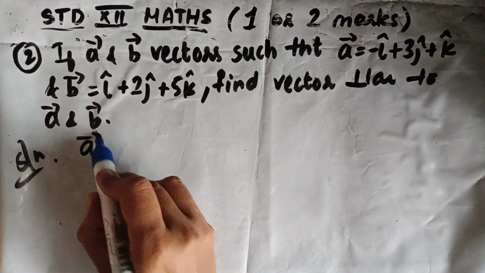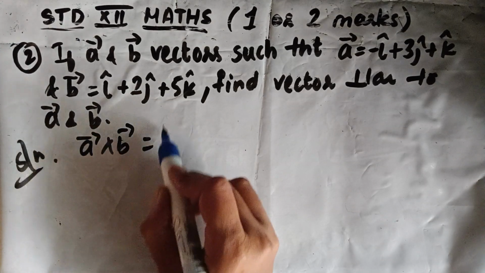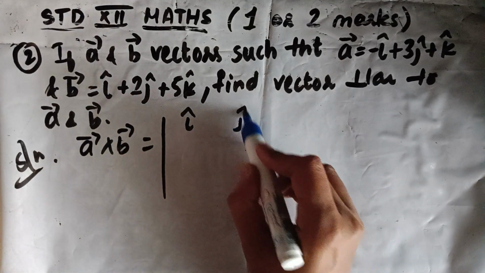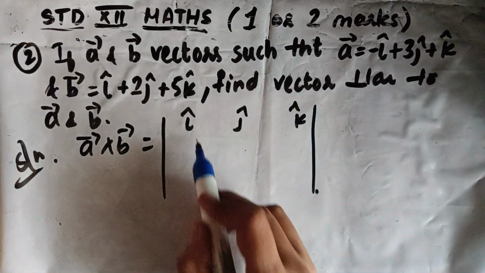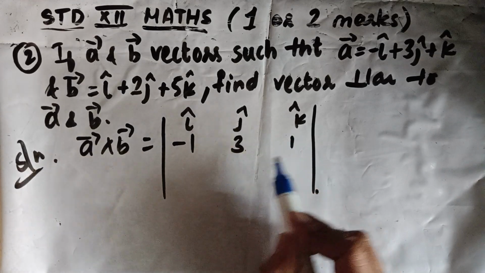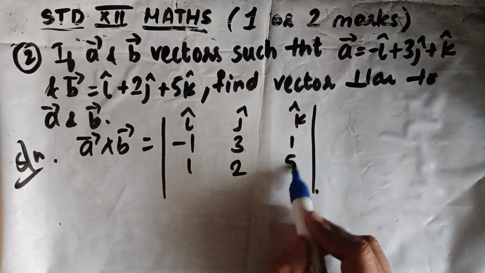So cross product A cross B is given by the determinant. Okay. Minus 1, 3, 1, 2, 5.